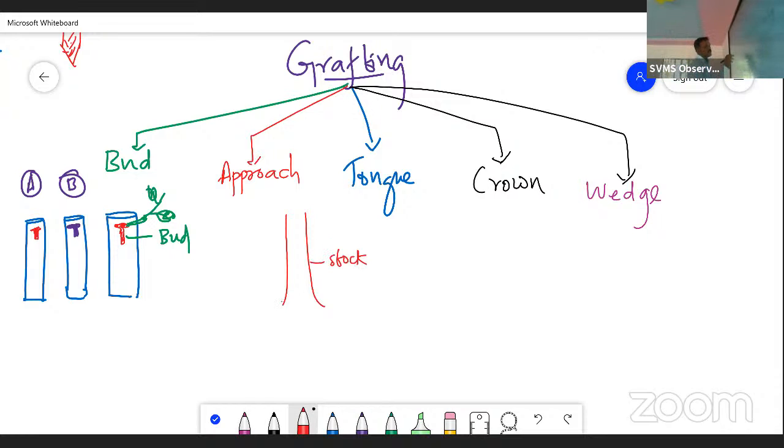Now a potted plant is also taken, and the branch of the stock plant is tied with the scion of the potted plant.